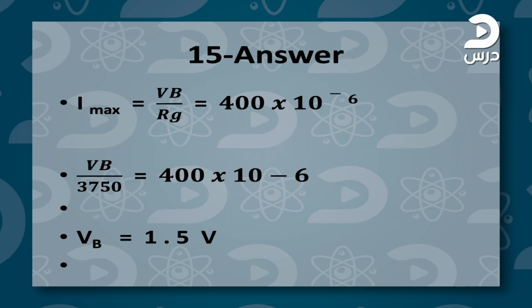Let's see the answer. Here the I maximum equals VB over RG, which equals 400 multiplied by 10⁻⁶, so VB equals 3750 multiplied by 400 multiplied by 10⁻⁶. Cross multiplication: VB equals 1.5 volt.